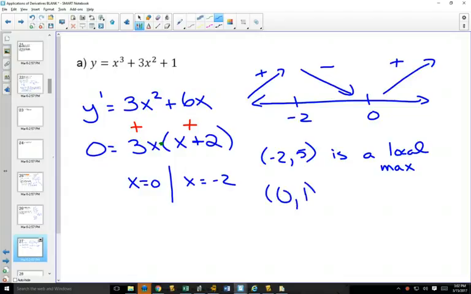And (0, 1) is a local minimum. I can also see that from my diagram. All right, one for you to try.